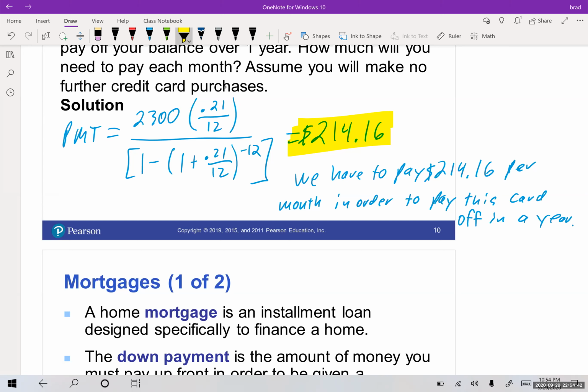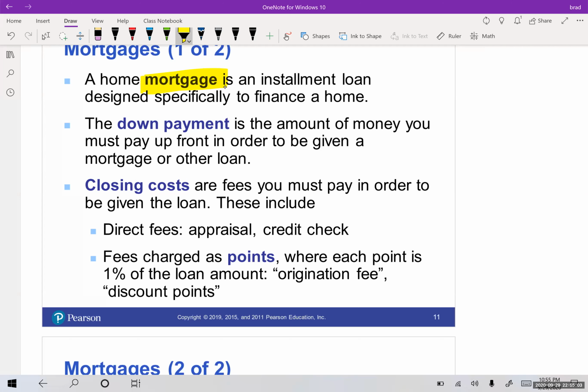Okay, so home mortgages. A home mortgage is an installment loan designed specifically to finance a home. A lot of you often hear the word mortgage; they're just talking about a loan. The down payment is the amount of money you must pay upfront in order to be given a mortgage or another loan. A lot of times it's 3.5%.